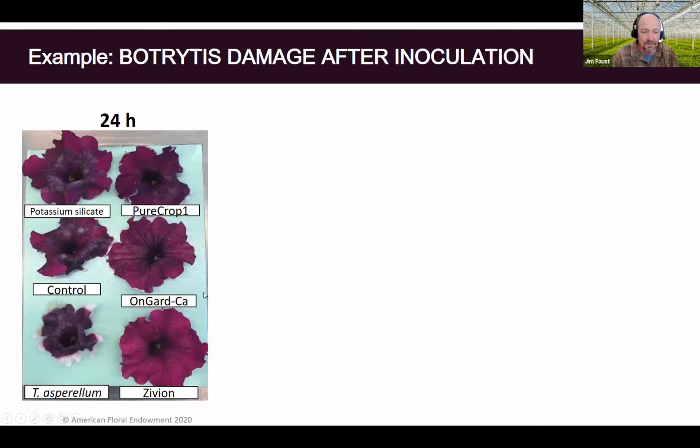This is a look inside one of those tubs 24 hours after inoculation. You see potassium silicate, a product called Pure Crop, the On Guard calcium, a product called Zivion, a Trichoderma species that is experimental because we have isolated it and are using it for inoculation, and then the control.